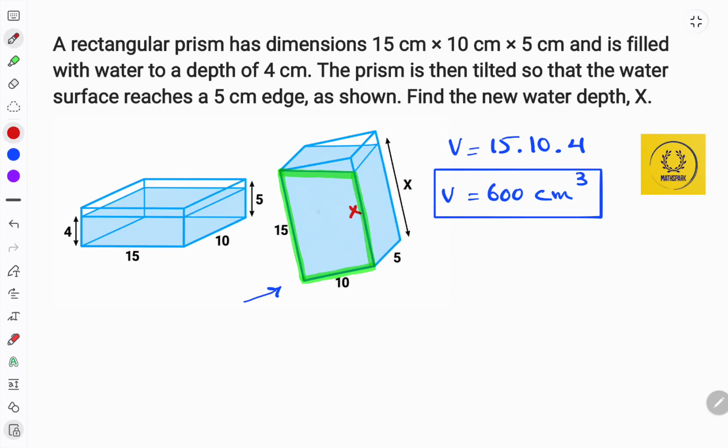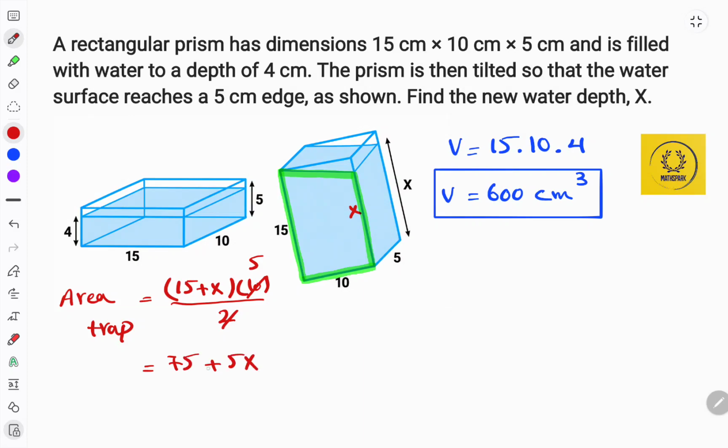So we can find the area of this trapezoid, which is the sum of the two parallel sides, 15 plus x, times the distance between these two parallel sides, 10, over 2. Simplify these, so the area of the trapezoid is 75 plus 5x.